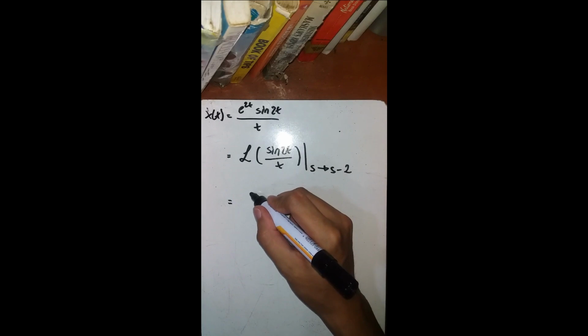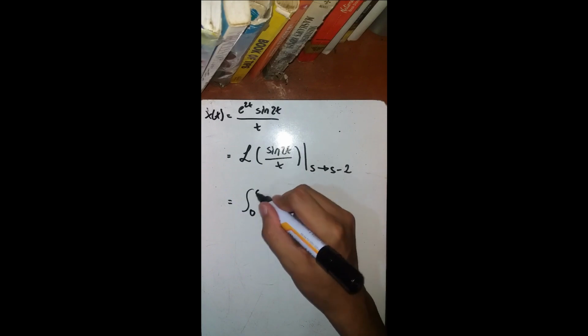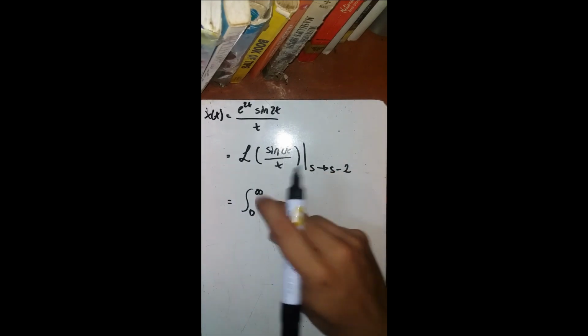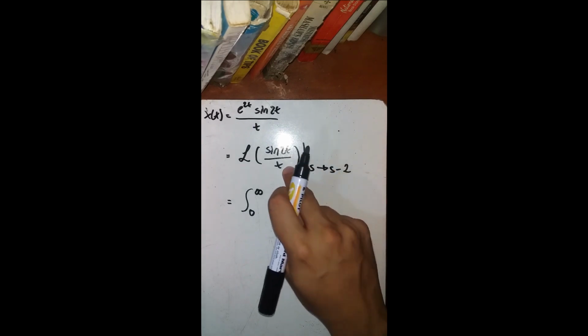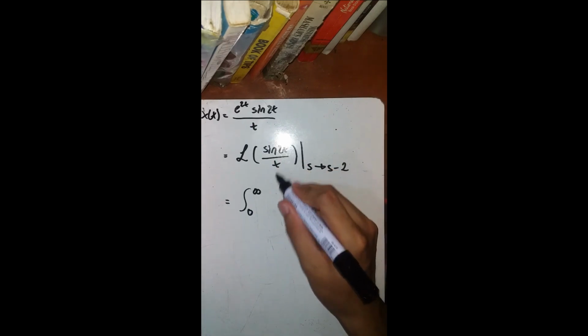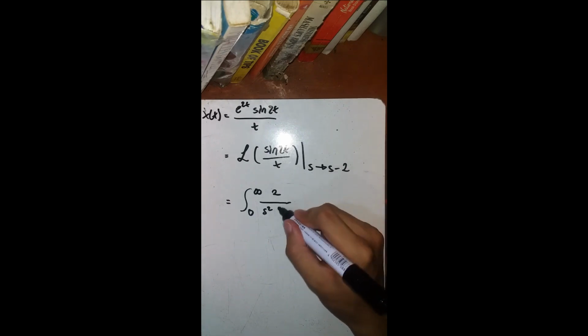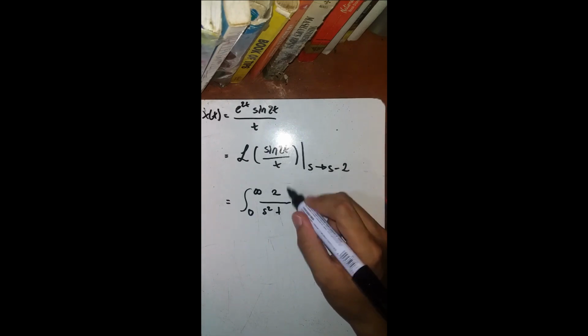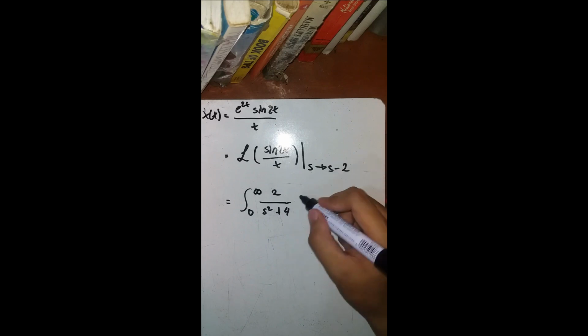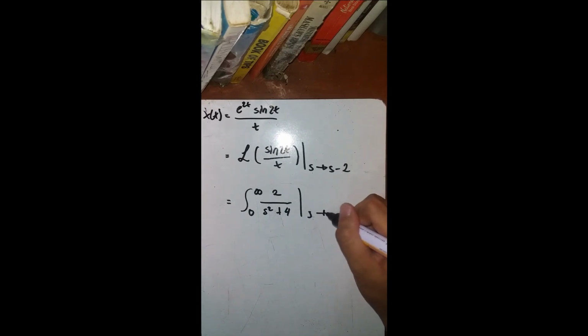Here we can use the integral of Laplace transformation. So this will be from 0 to positive infinity. This will become 2 all over s squared plus 2 raised to 2, so this will be 4. And don't forget we have s will be equal to s minus 2.